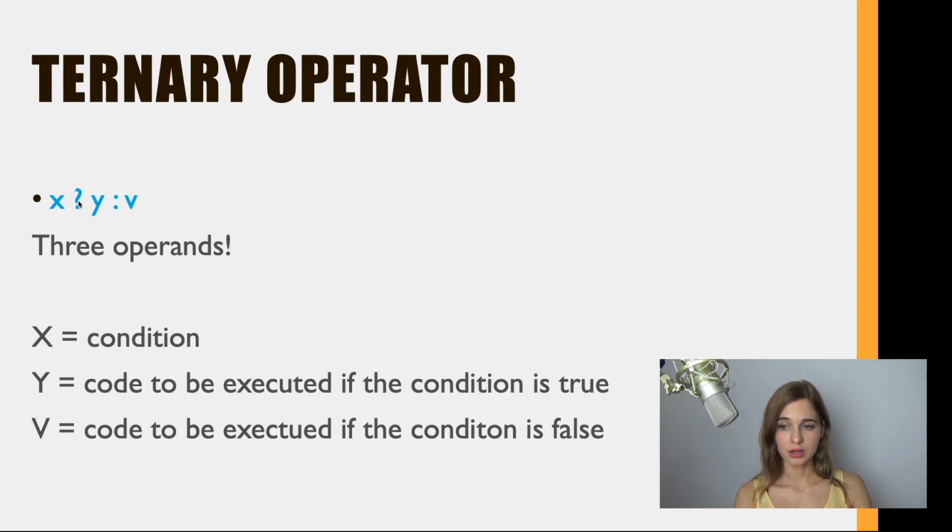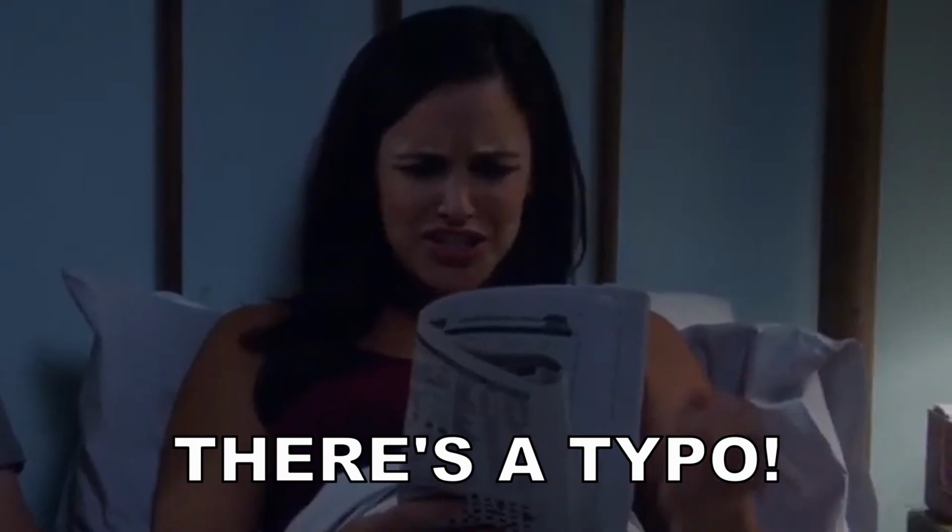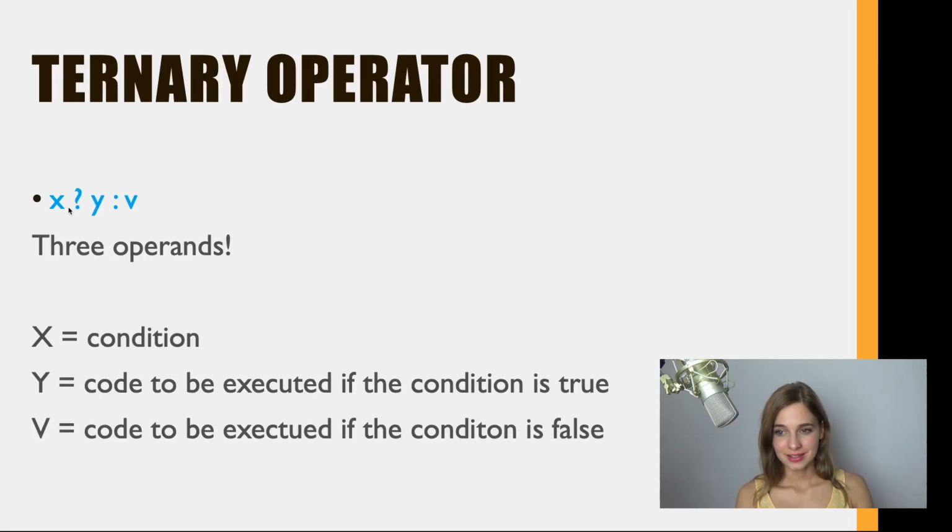Then a question mark, and after the question mark is the code to be executed if the condition was true. Colon, and the other operand is the code to be executed if the condition is false. Oh, I have a typo here. Sorry about that. If x is true, then do y. If it isn't true, then do v.